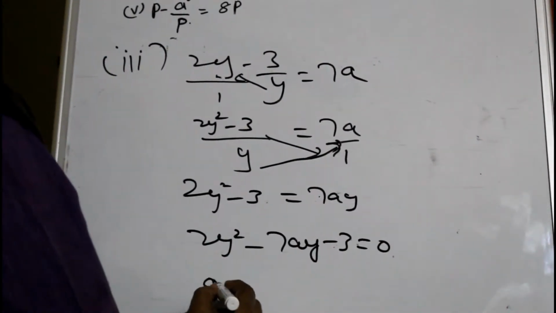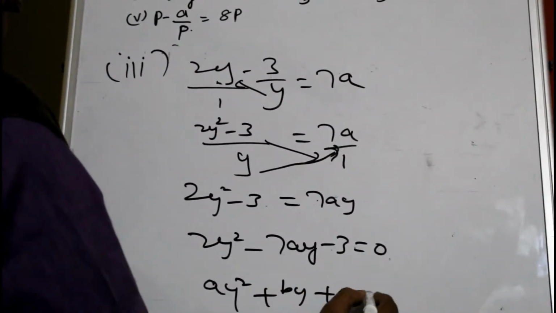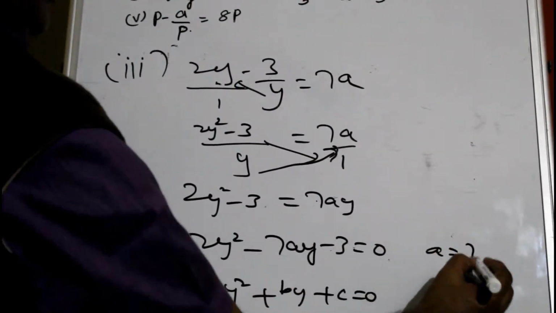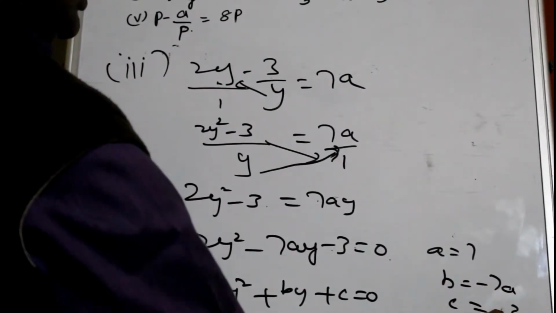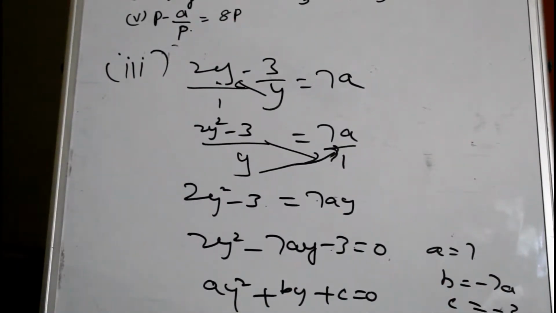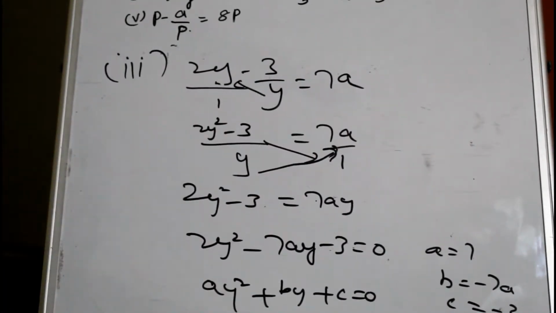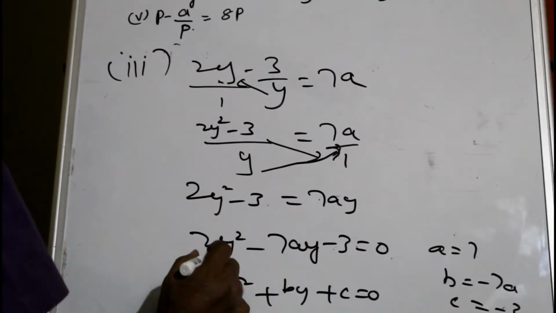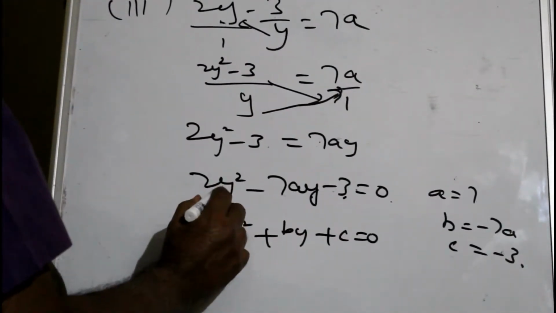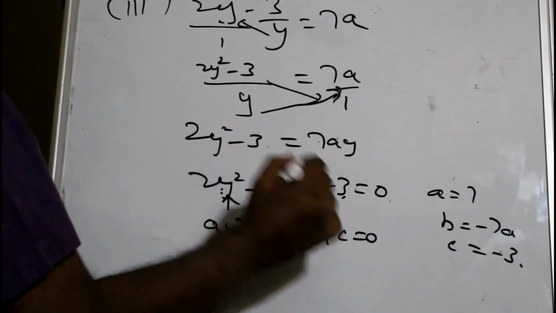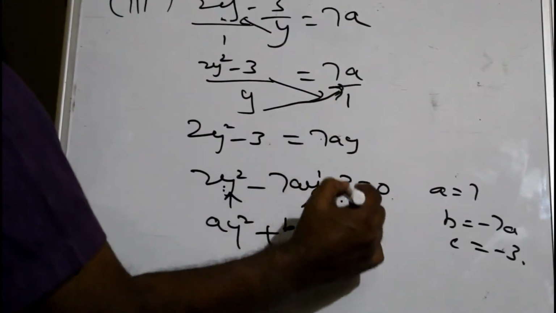This is of the form ay square plus by plus c equal to 0. Note here, a is 2, b is minus 7a, c is minus 3. Don't get frightened about this 7a. It's another alphabet, but you try to bring it to the form: you get y square, a y term, and a term without y. Again I repeat, this is the y square term, this is the y power 1 term, and this is without y, the constant.